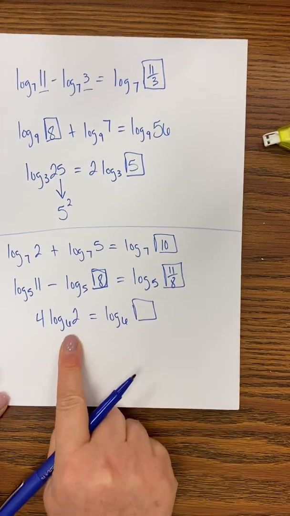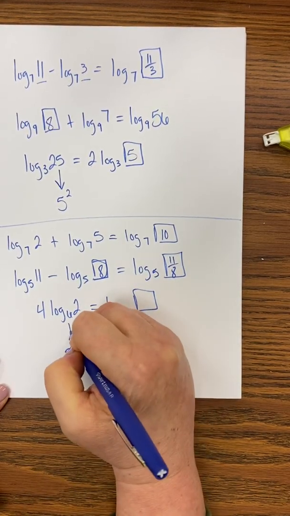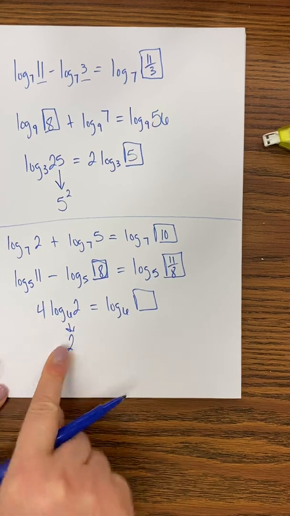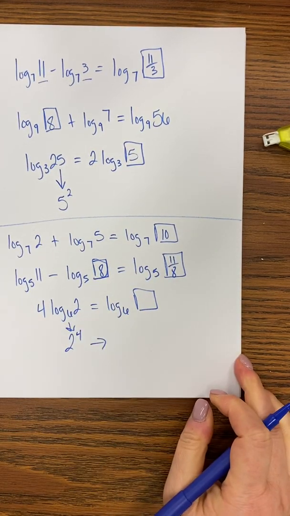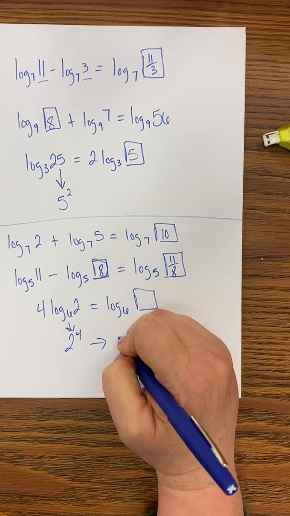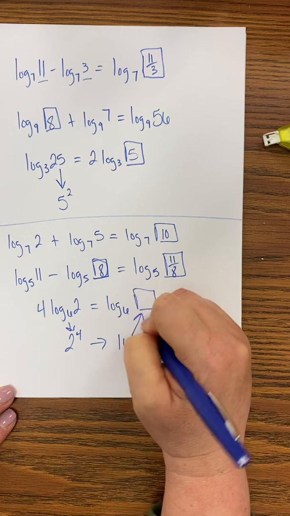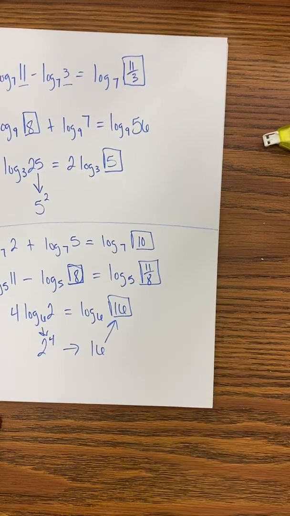So remember how the power rule works. We take our coefficient, it becomes the exponent. So what is 2 to the 4th power? 2 times 2 times 2 times 2. Well, that should be 16. And then that goes into that box. And that should be your answers for those.